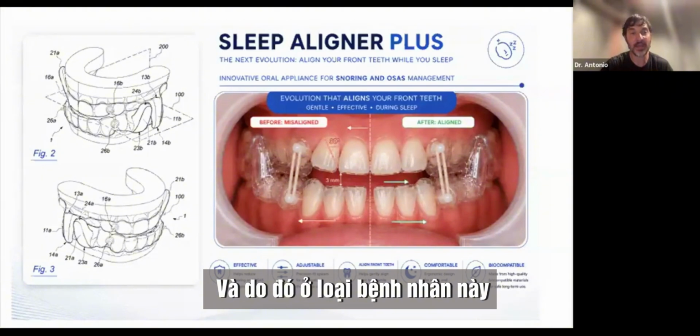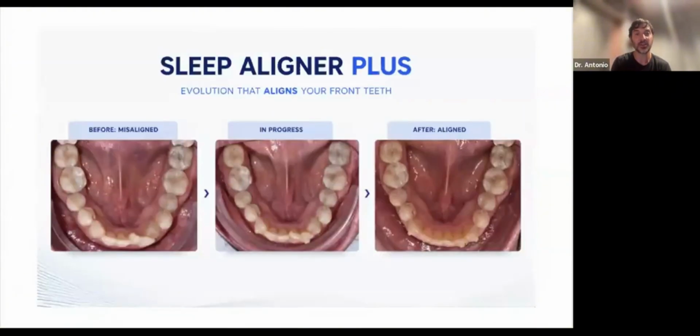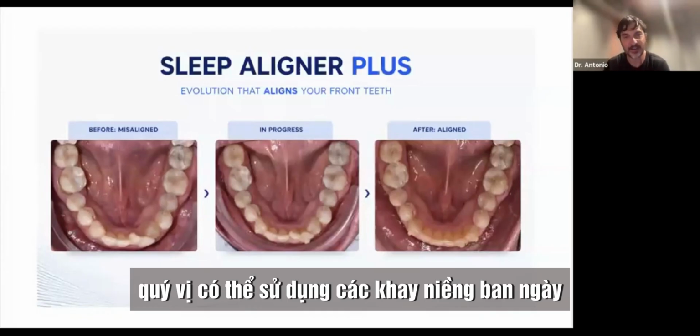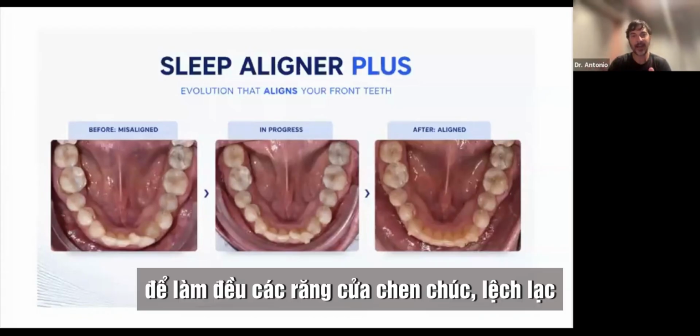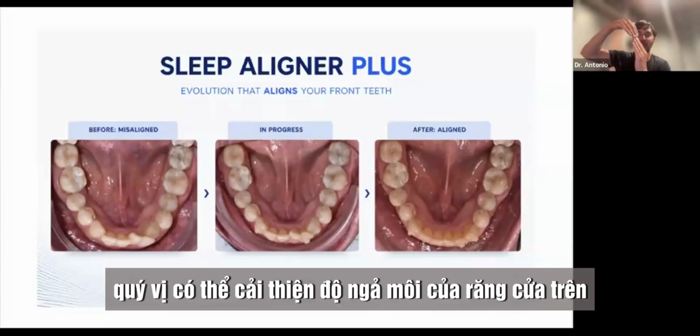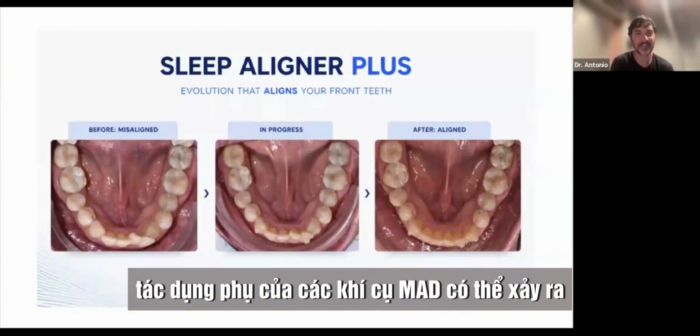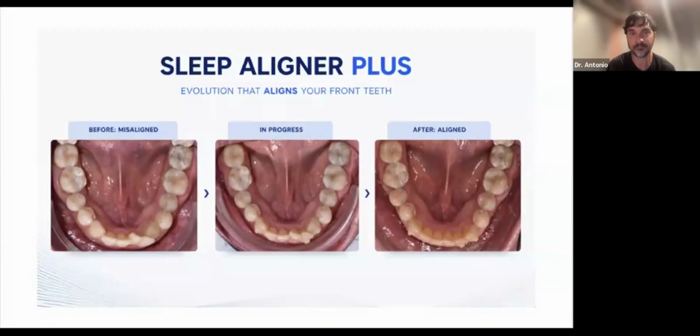And so in this kind of patient, for example, as you can see here, you can use the daily aligners to align the misaligned frontal teeth, but in the edge-to-edge patient or class III patient, you can improve the proclination of the upper incisors and incline lingually the lower incisors to counter the side effects of the MADs that can happen over the years.